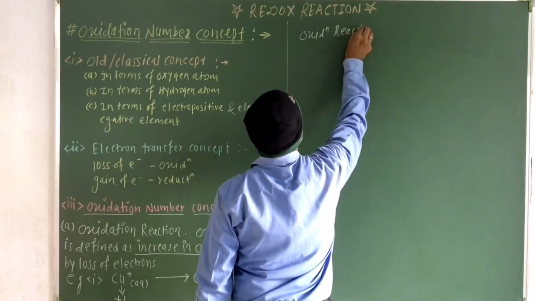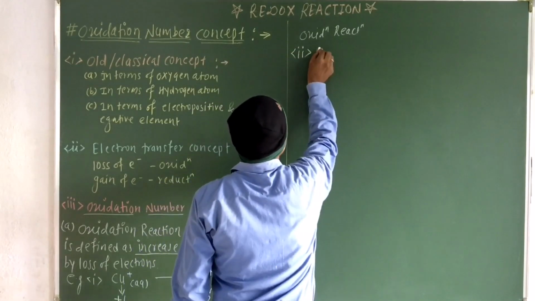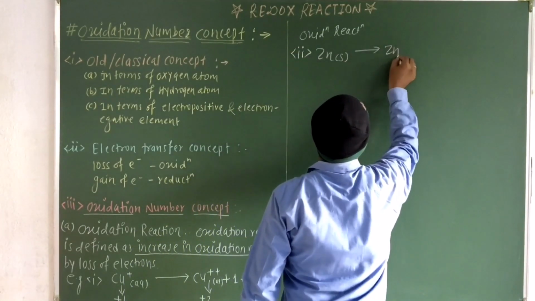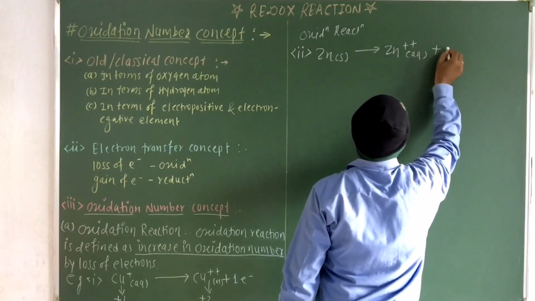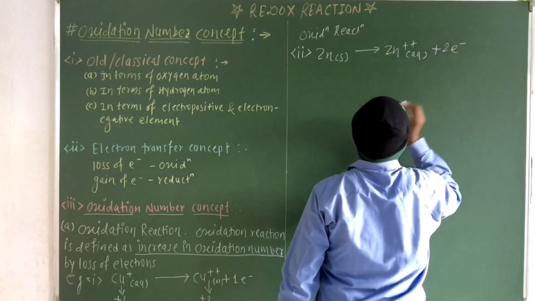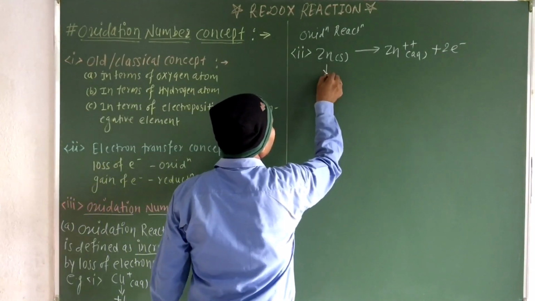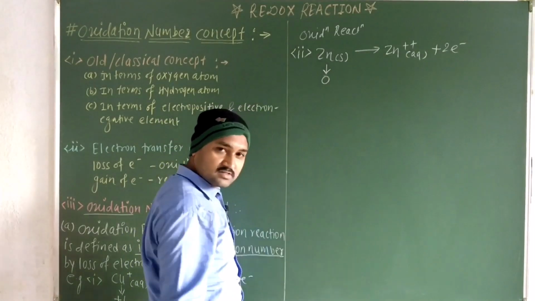Okay, second example, here zinc in solid state gives Zn2+ plus 2 electrons. Again we know that in the free elemental state each atom exhibits the oxidation number as 0.